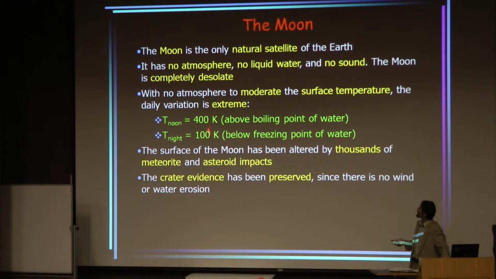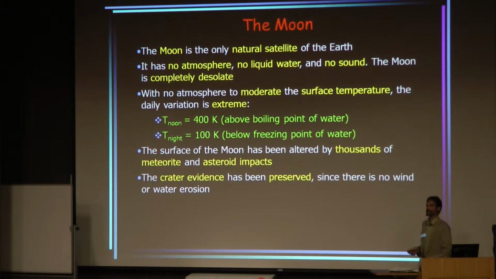Now, without any atmosphere, we're able to see something that would take place on the Earth if we had no atmosphere, which is this very extreme temperature variation between noon and midnight. The moon is essentially at the same distance from the sun that the Earth is, because the moon's orbit is about 237,000 miles out from the Earth, but the Earth is 150 million kilometers away from the sun, so the moon and the Earth are essentially at the same distance from the sun.